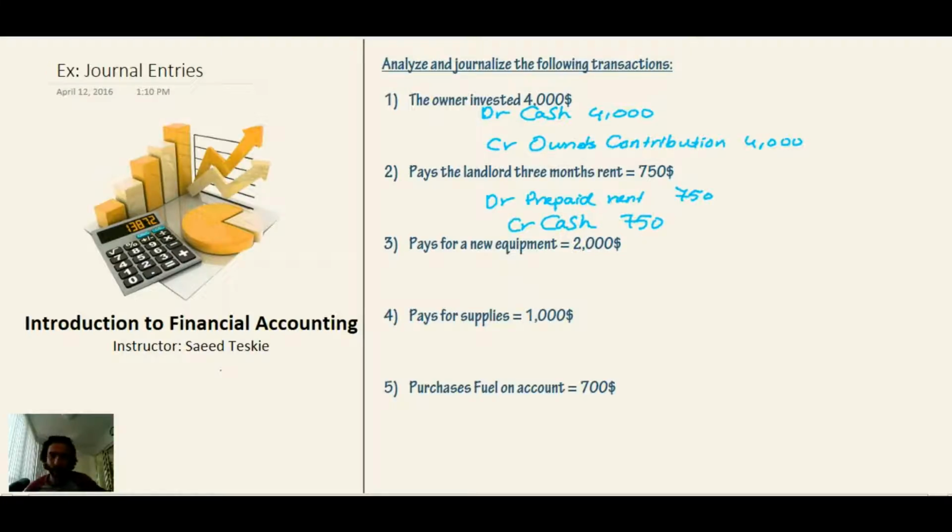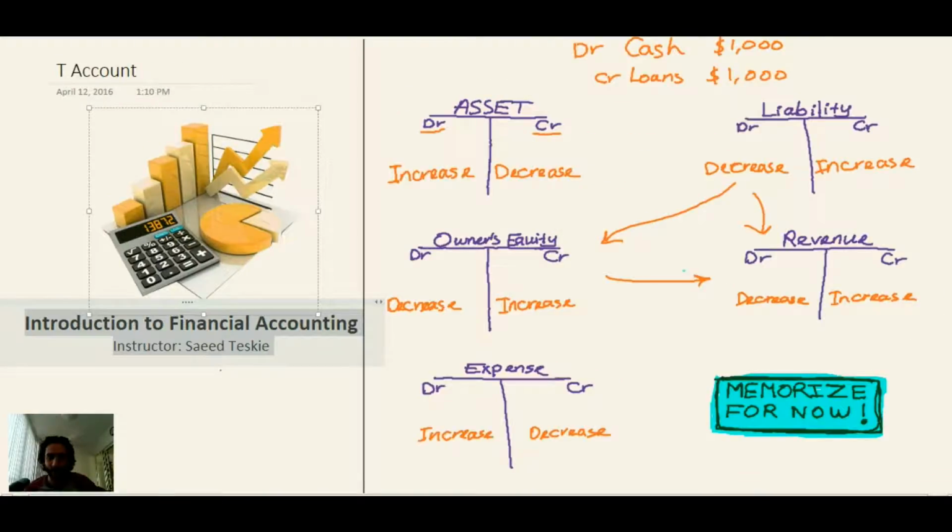The prepaid rent account is an asset account, so when we need to increase it, we should debit the account, and when we need to decrease cash, we should credit cash for the amount. If you are confused, go back to the T account video. We described there the difference between each accounting group.